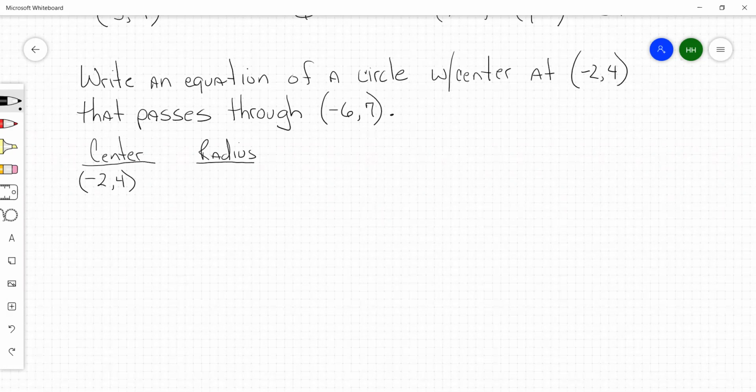So here is the most efficient way to do this problem. I would plot the center at (-2, 4). There's the center of your circle. All right, the circle is going to pass through (-6, 7). It's going to be about here.